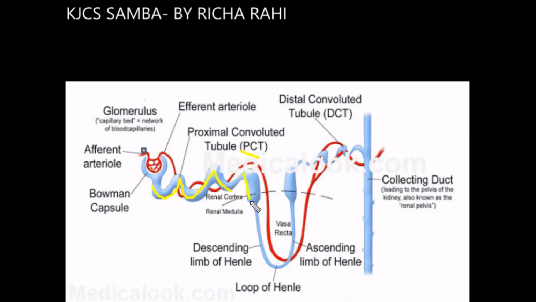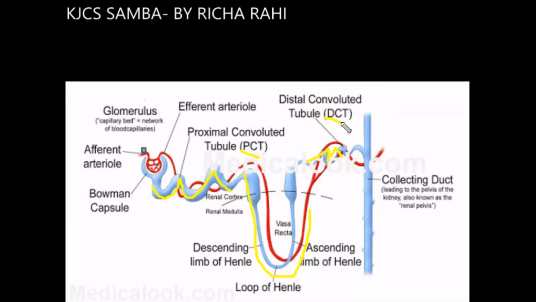Next, the proximal convoluted tubule will open into the loop of Henle, the loop-like structure. So what is done inside here? It mainly deals with the regulation of water. This loop of Henle then will open again into a tubular coiled structure, which is called the DCT, distal convoluted tubule.